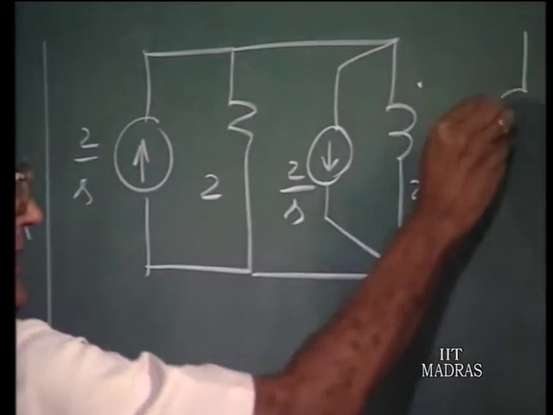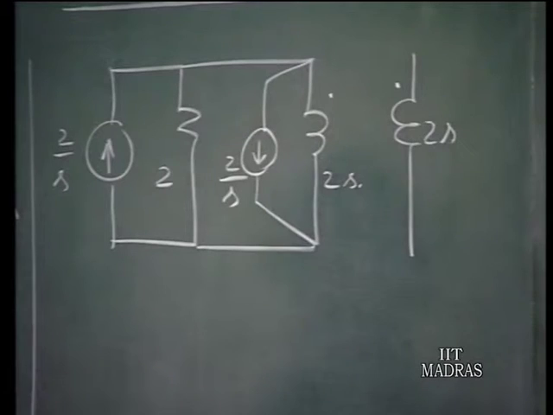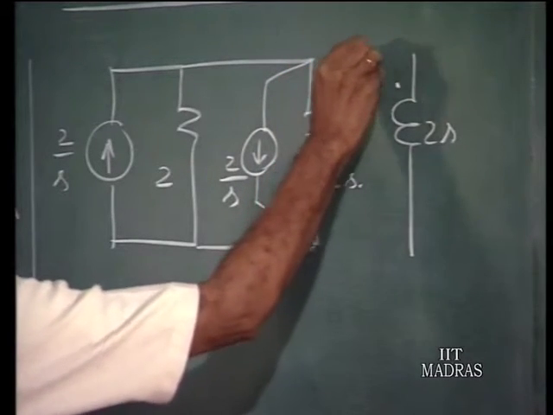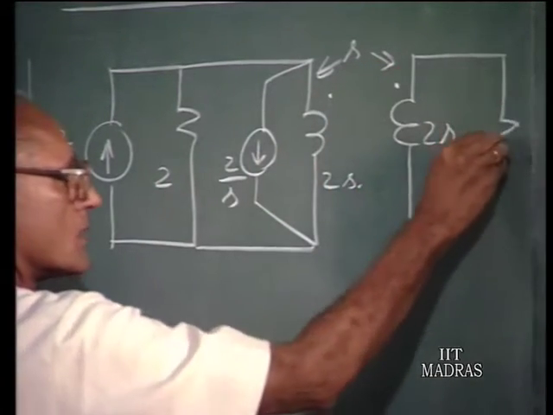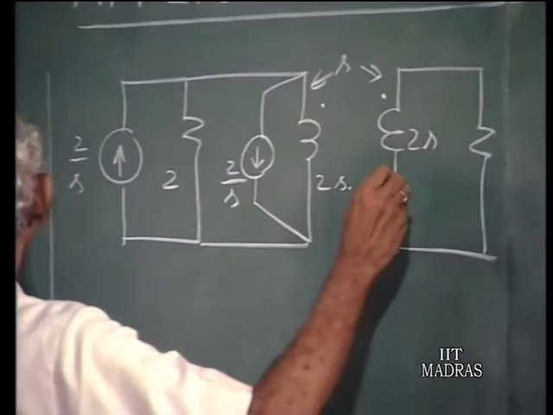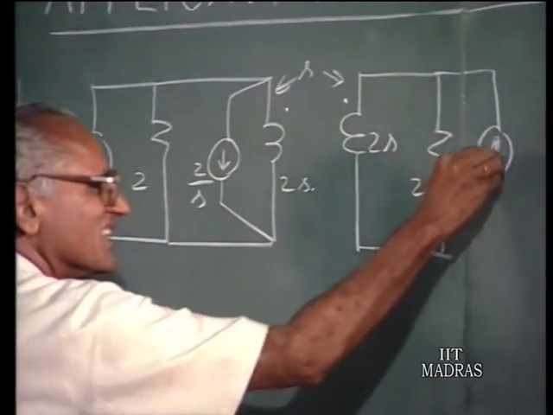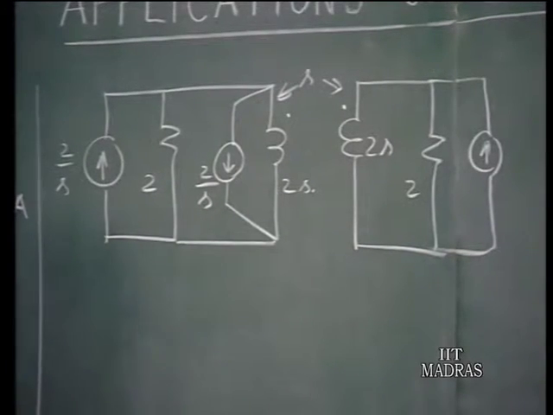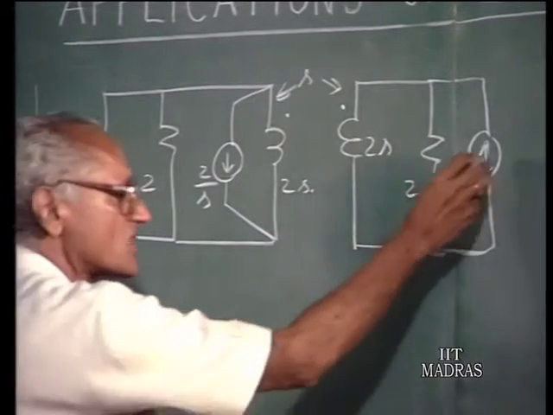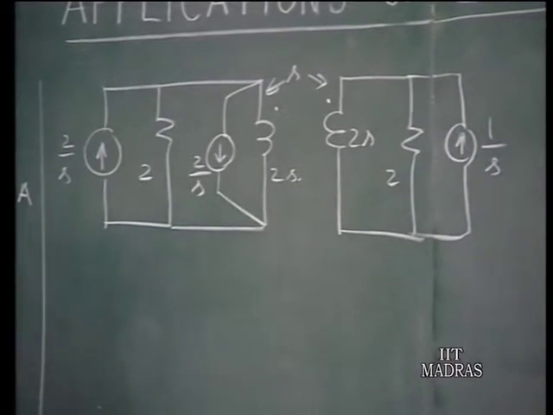And these two inductors have the same self inductance and a mutual inductance which is equal to S in the transform domain. Once the switch is closed here, you have this 2 ohms and then the current source here. You should not put the current source as 1 here, but 1 by S because that is a DC source and we are talking about the transform domain. All the variables here are transformed variables.